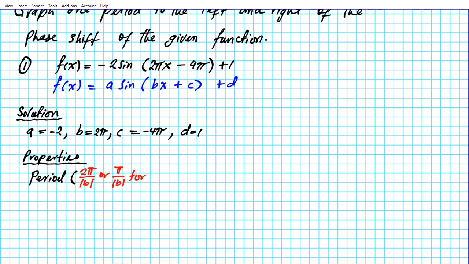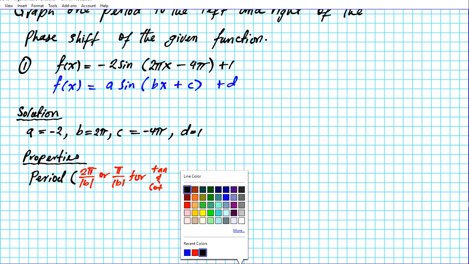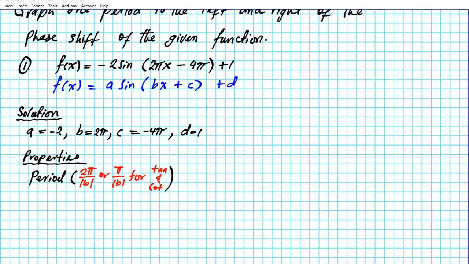For tan and cotangent functions, you use pi over the absolute value of b to compute those periods. But for sine, cosine, secant, and cosecant, 2 pi over the absolute value of b will suffice.